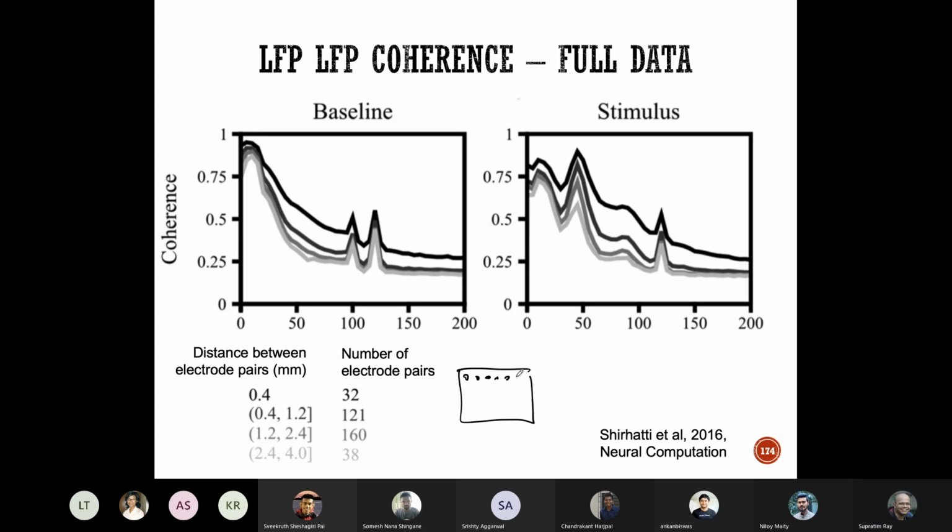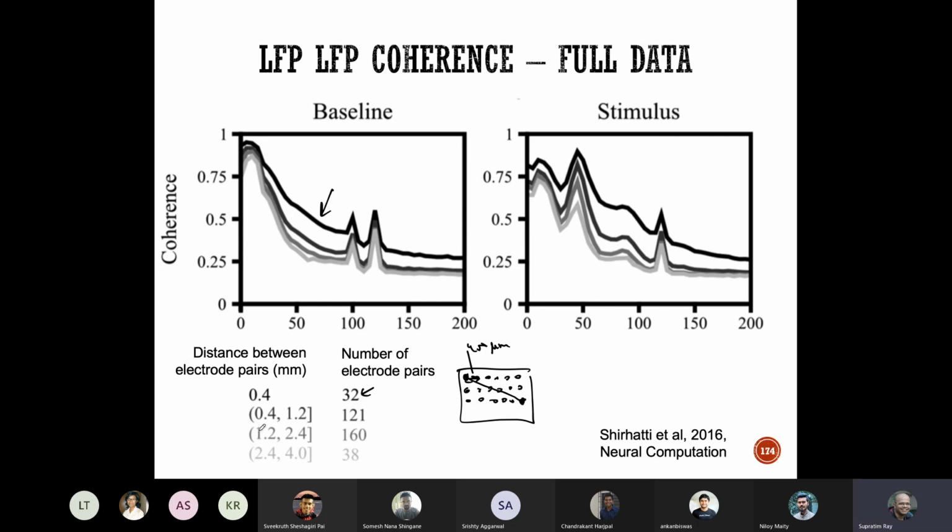So I can ask how is the phase consistency between two electrodes that are separated by only 400 microns, which is the distance between neighboring electrodes, or two electrodes that are far from each other. So what I do is I look at all possible neighbors, compute the LFP-LFP coherence and take the average. I've got 32 such electrode pairs, and I get this plot.